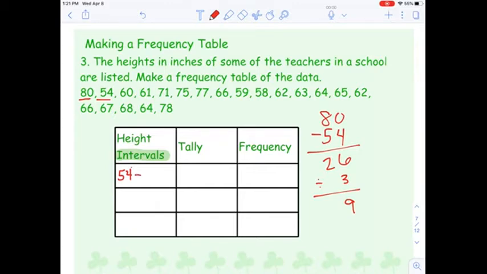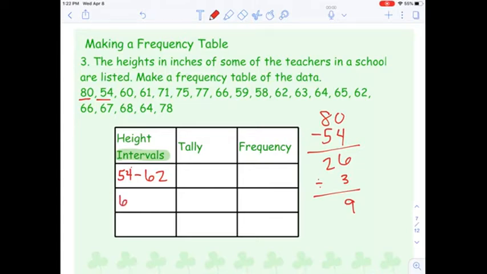It's really easy to say 54 plus 9 is 63, so 54 to 63. But you have to be careful, and this is where I encourage you in 7th grade to count with your fingers, because this is where it gets tricky. So if you start with 54: 54, 55, 56, 57, 58, 59, 60, 61, 62. 54 to 62 is an interval of 9.